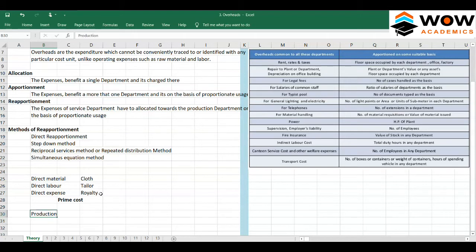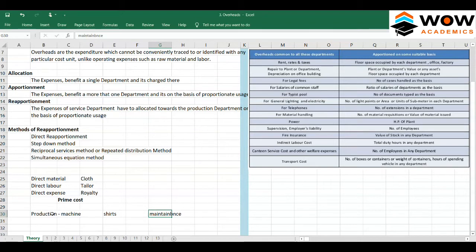For example, a production expense is for a particular machine, and that machine produces only shirts. Now the expense which is spent for that machine, for example, some maintenance cost, is only for those shirts.